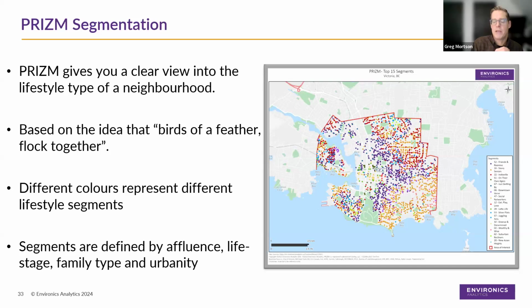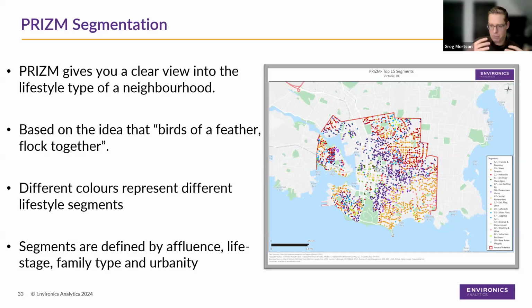So what you can imagine is that everybody within a segment and within these postal codes are likely to exhibit the same types of demographics and behaviors. This data set is all built on the idea that people tend to move into areas or postal codes where the rest of the people tend to look like them.